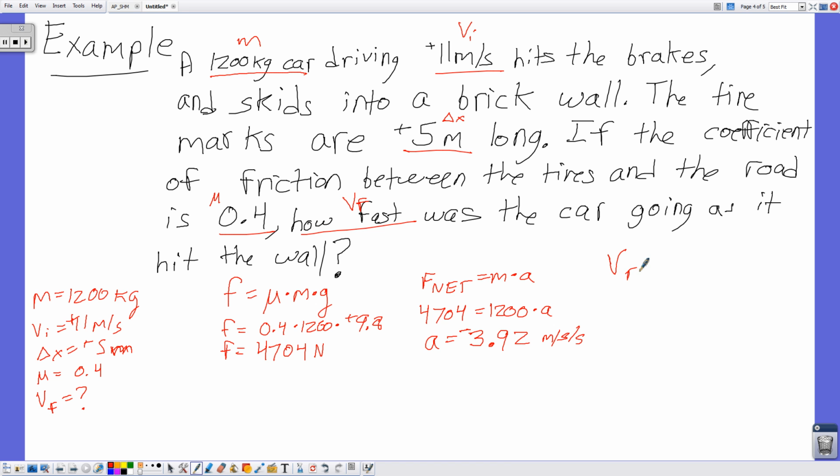And it is v final squared equals v initial squared plus 2a delta x. I'm going to plug in my numbers now. V final squared equals 11 squared plus 2 times negative 3.92 times positive 5.